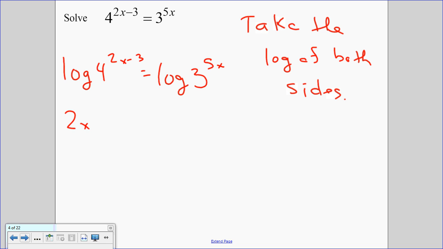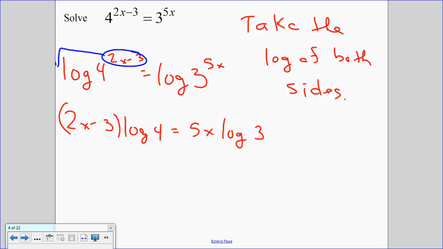So this becomes 2x minus 3 times the log of 4. This becomes 5x times the log of 3. The whole purpose of the log is that it changes that exponent into a multiplication. And now we can use our algebra 2 rules. I've still got to get x by itself, so let's distribute the log.